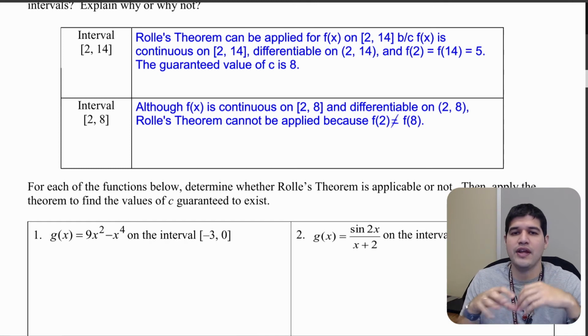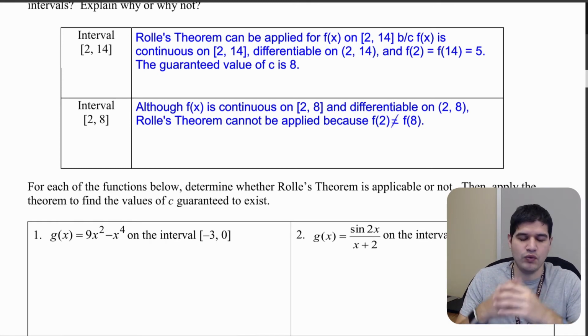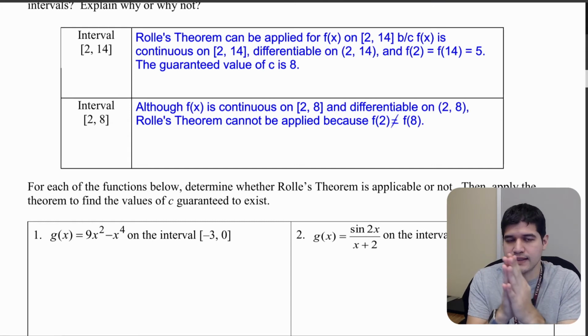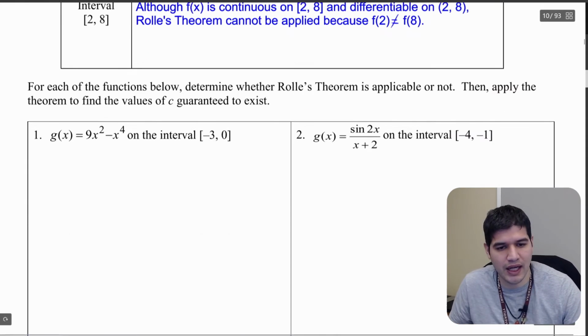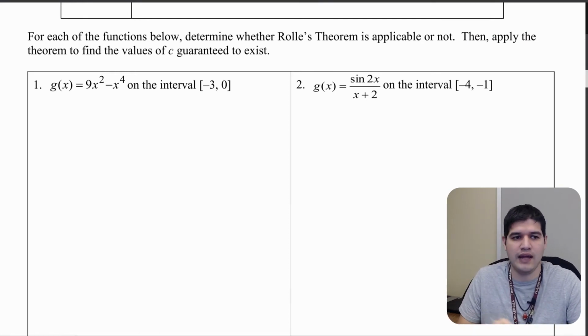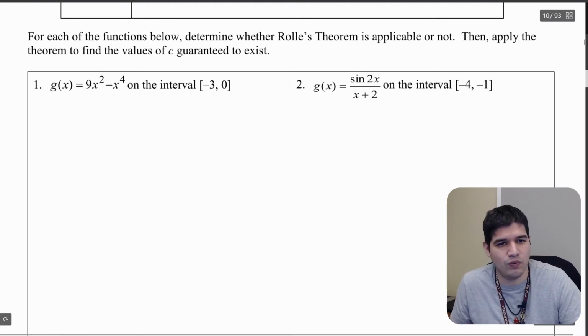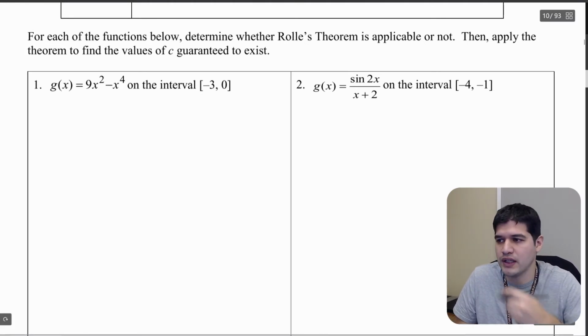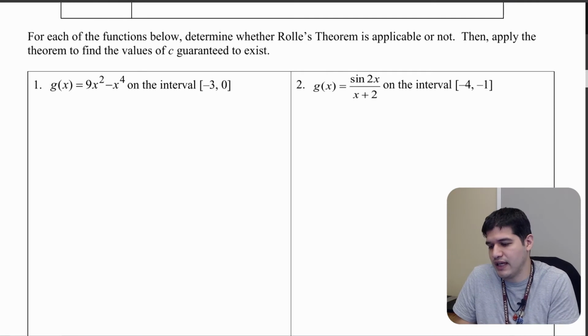All right, so now that we know when Rolle's theorem can be applied and the specific conditions that it needs to be under, let's go ahead and apply it to these 2 problems. If it can be applied, let's actually find the value where it will work, and if it can't be applied, let's state why. So in our first problem here, we have 9x squared minus x to the 4th.